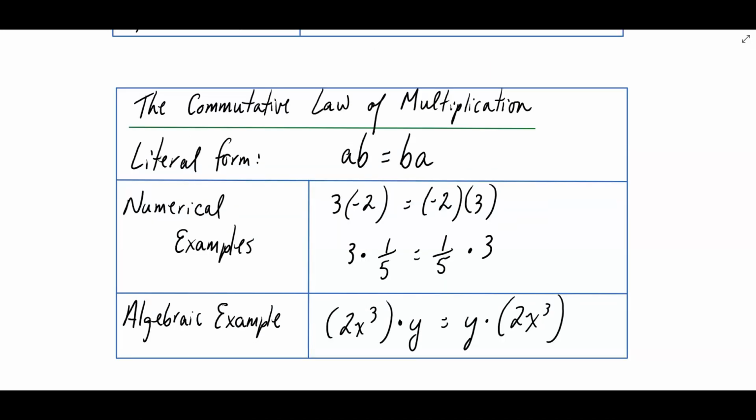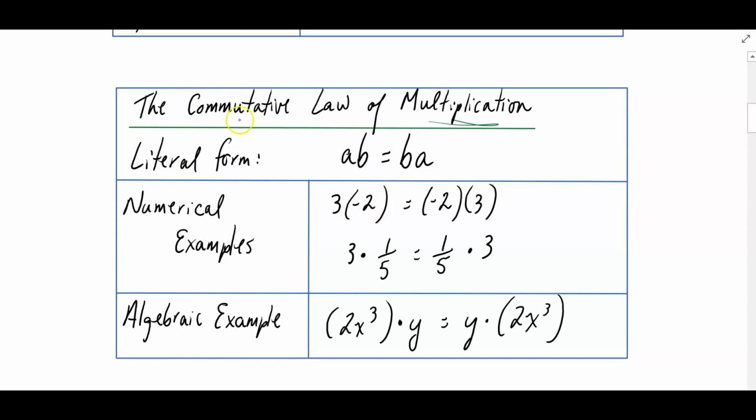There is also a commutative law of multiplication, meaning that in its literal form, it looks like a times b is equal to b times a. In numerical examples, 3 times negative 2 is equal to negative 2 times 3. The order does not matter.